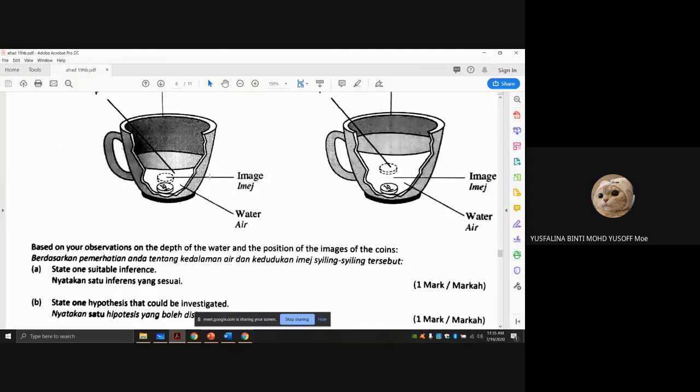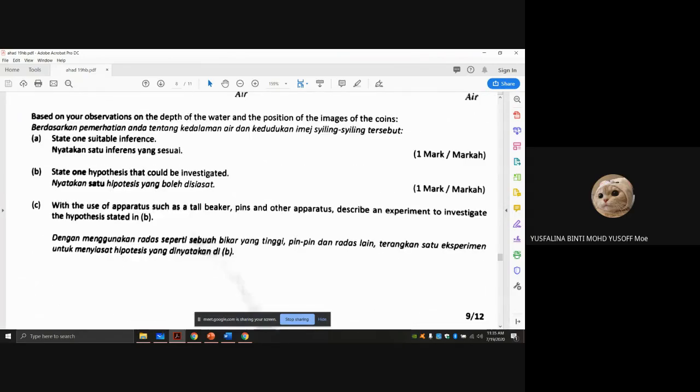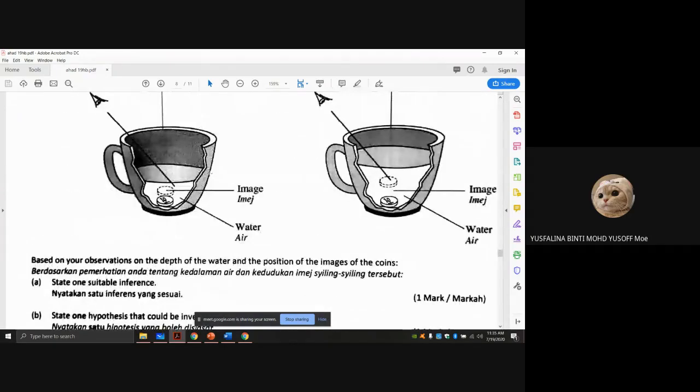For example, the first diagram shows one man pulling one box, and the second diagram, one man pulling two boxes.